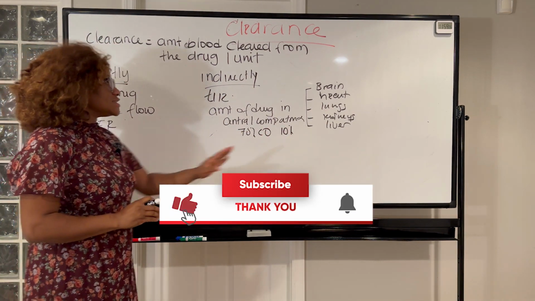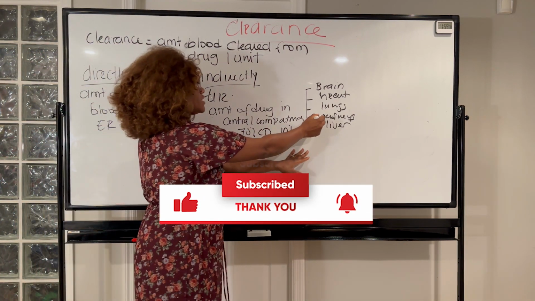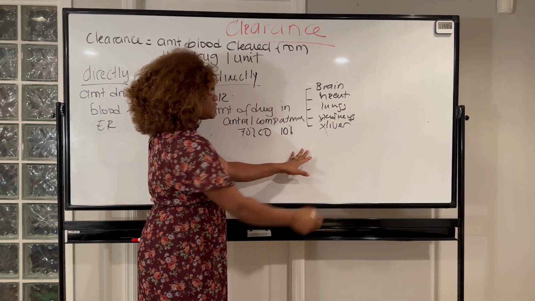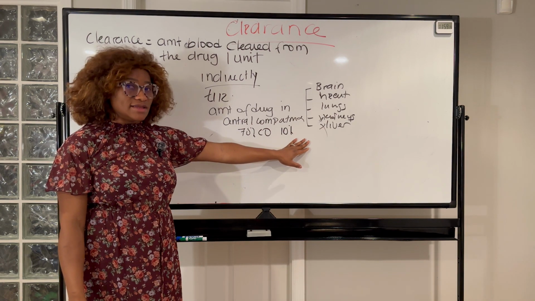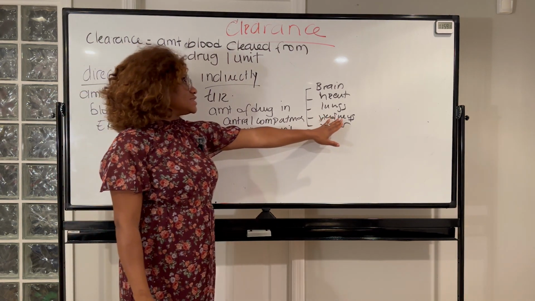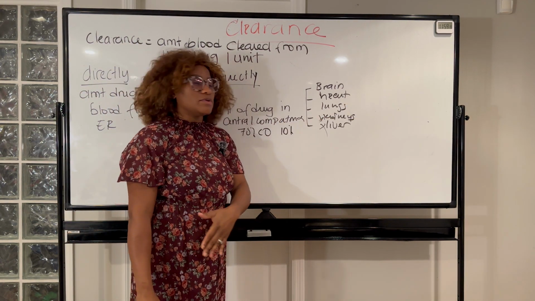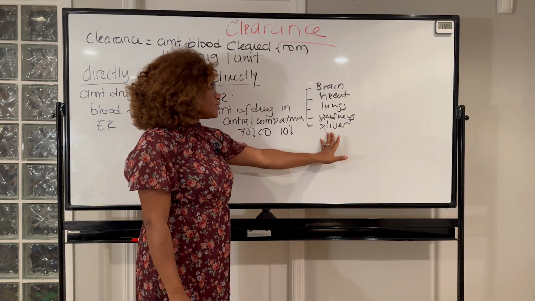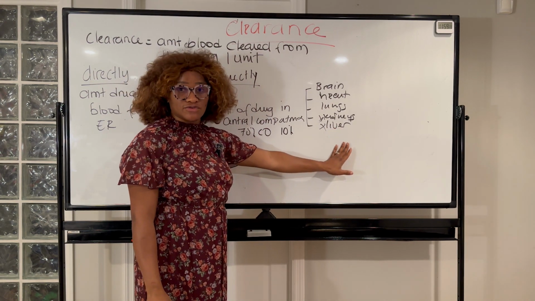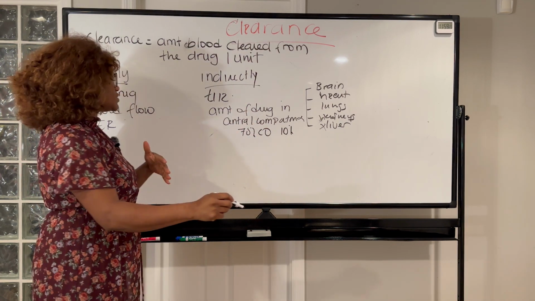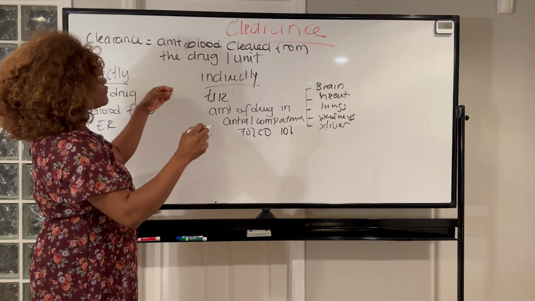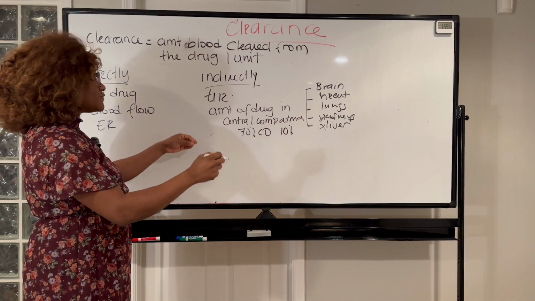And also in this compartment, because we have the kidneys and the liver, this is the compartment where the drug is going to get eliminated. The kidneys are going to excrete the drug, and the liver is going to metabolize the drug. So if we put the dots together, clearance is the amount of blood cleared from the drug per unit of time.